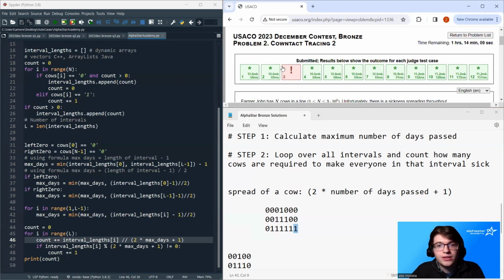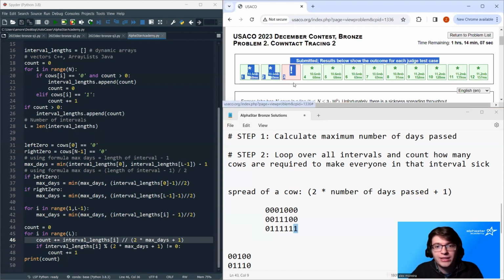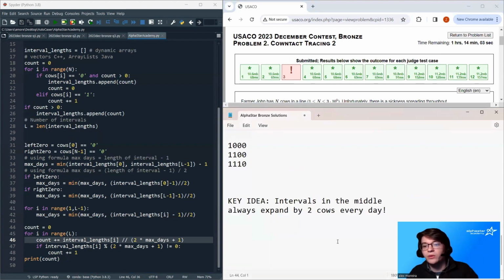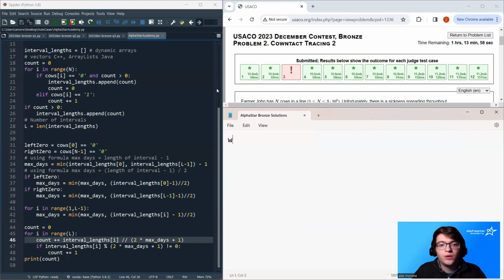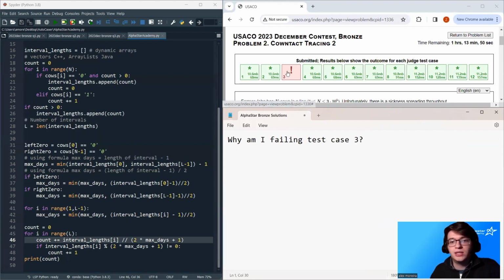Why then is it failing for test case 3? What's going on in test case 3? Obviously for USACO, we can't see the test cases, but you should think about edge cases you didn't consider.